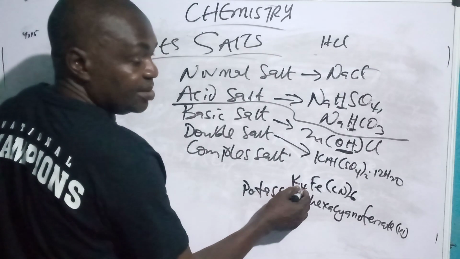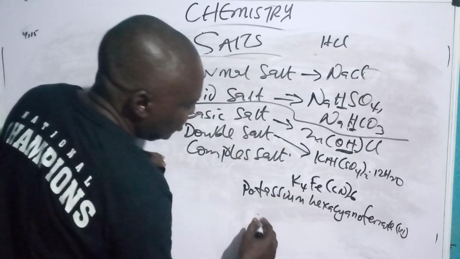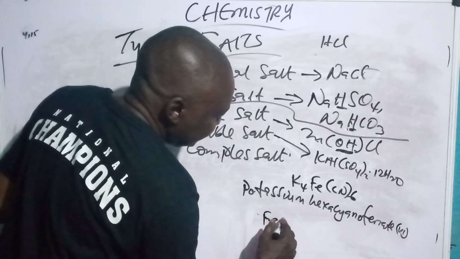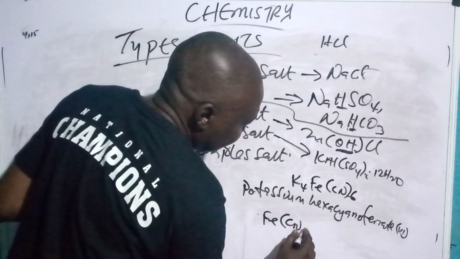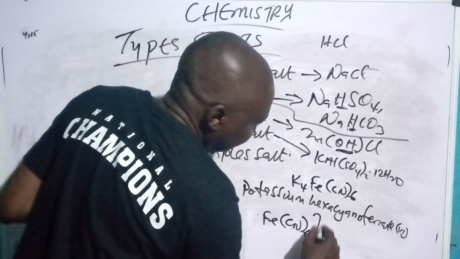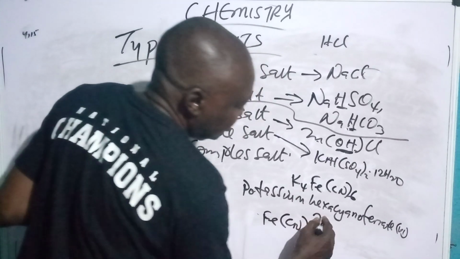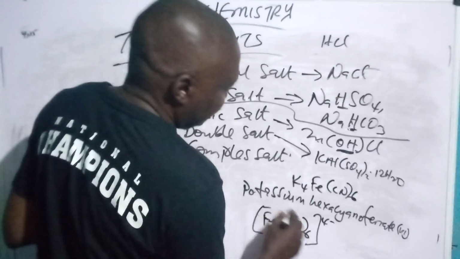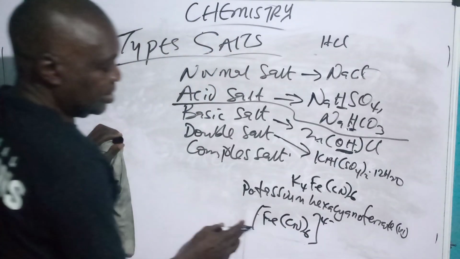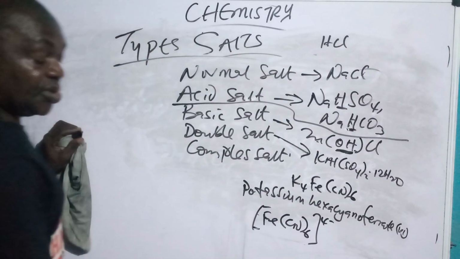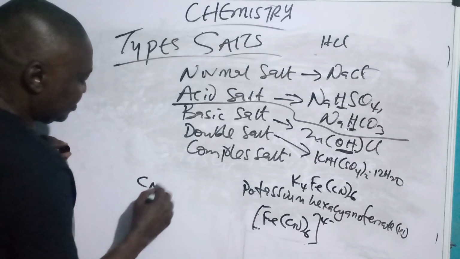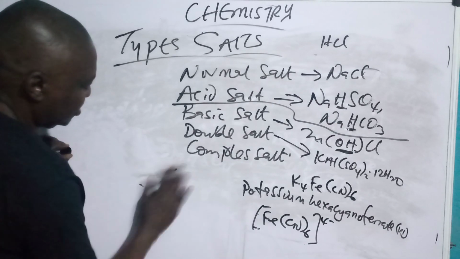When it loses the potassium, you now have [Fe(CN)6]4-, because you have 4 potassium, 4 minus. So this now is a complex salt. You can also draw the structure like this.